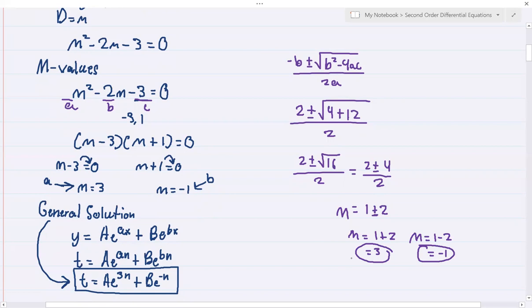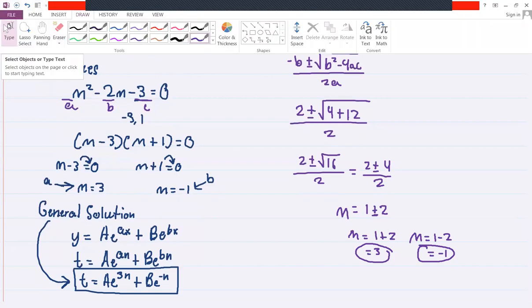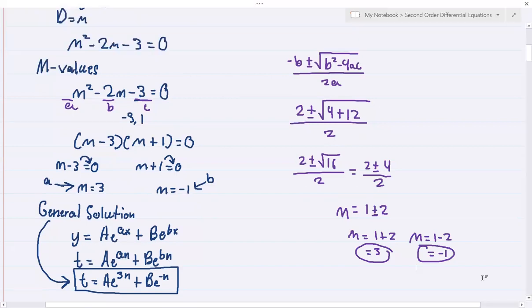Okay, so you're going to use this as your general solution. That will be the steps if you're going to use the quadratic formula. That's how you use the quadratic formula when it comes to these cases.